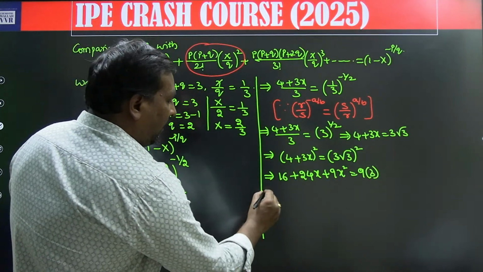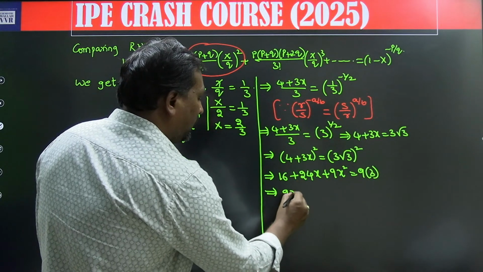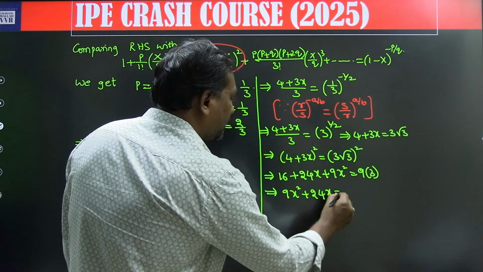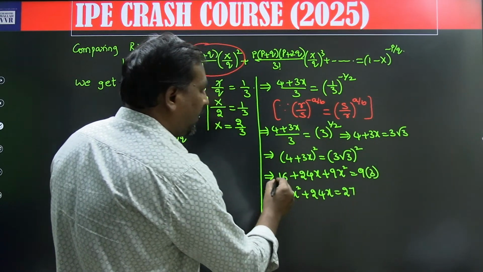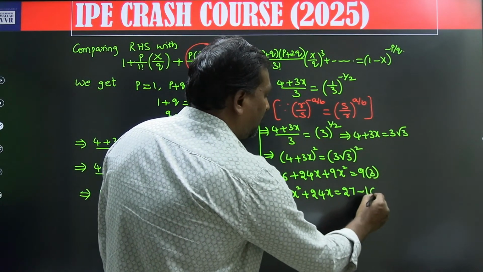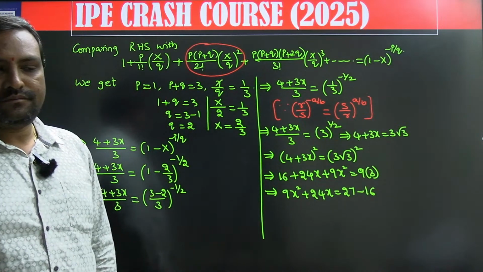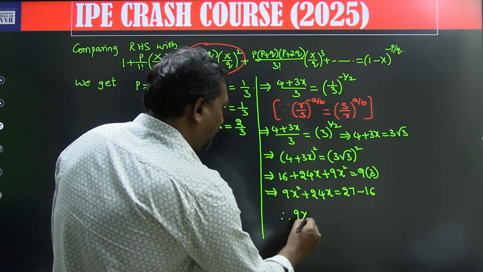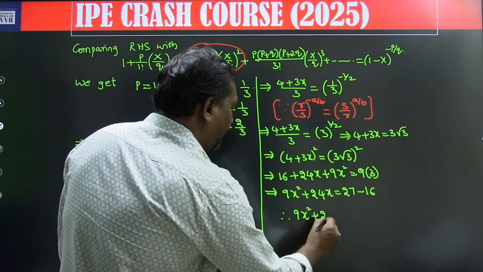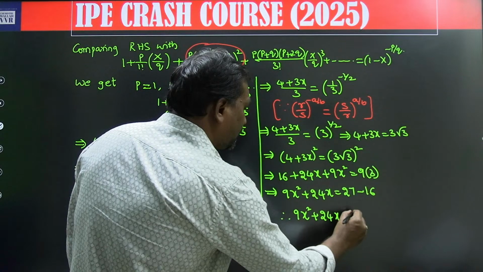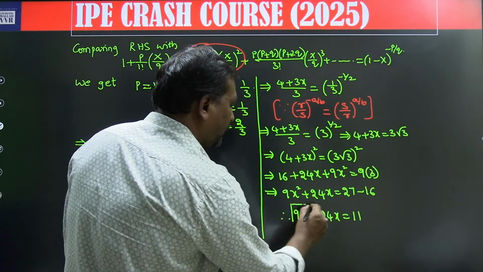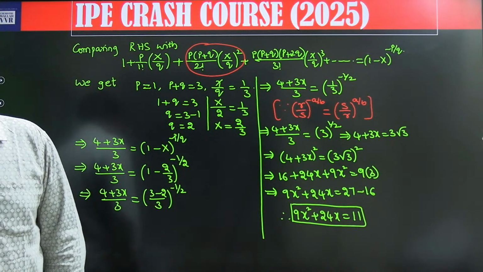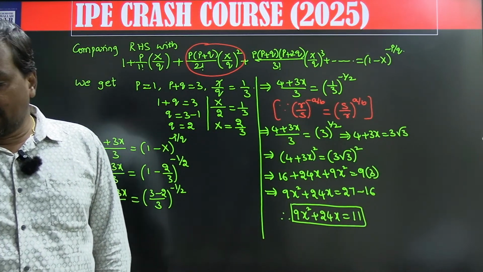So 9x square plus 24x is equal to 27 minus 16. Therefore the final answer is 9x square plus 24x is equal to 11. So this is the final answer.